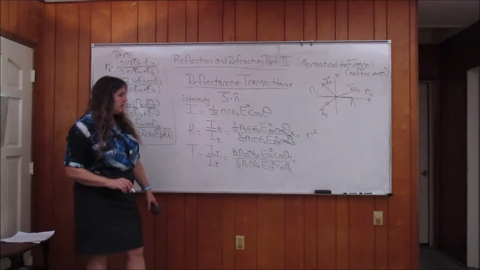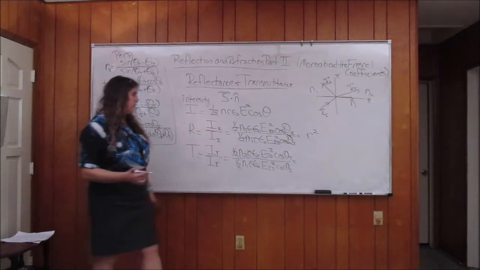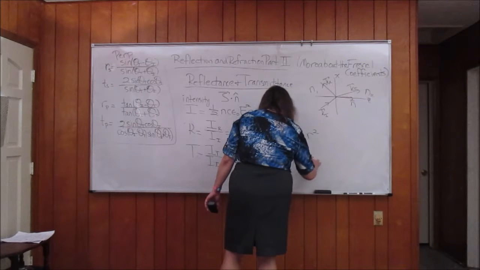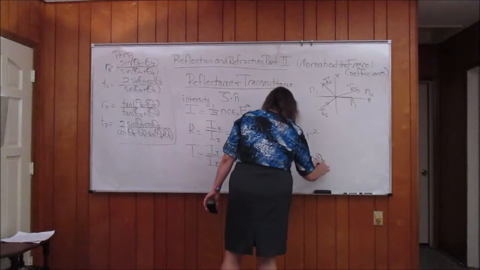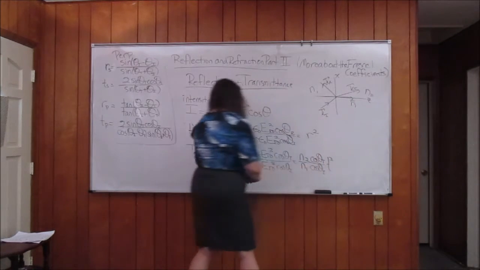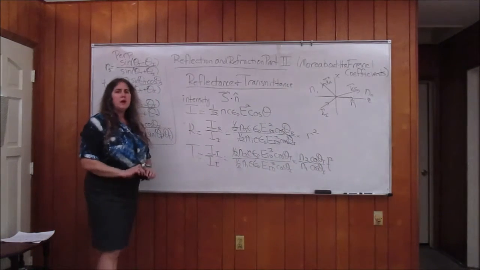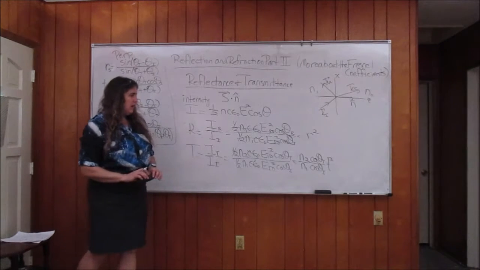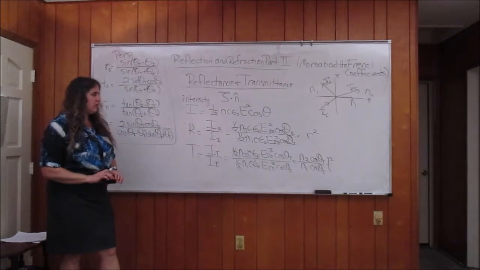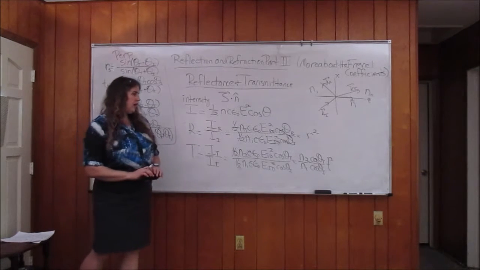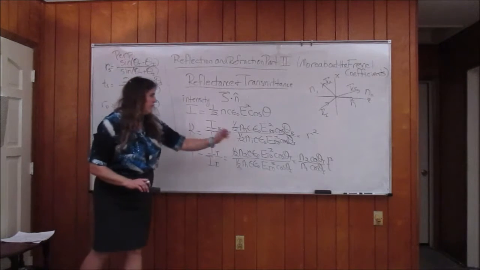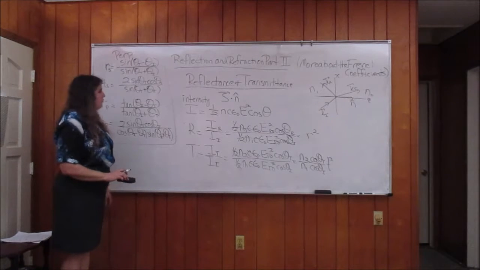Also notice that cosine theta t and cosine theta I don't cancel out. And so we're left with the transmittance equal to the ratio of the index of refraction of medium 2 to medium 1, then cosine of the angle of transmission over cosine of the angle of incidence, times the coefficient of transmission squared. So you have a couple of additional factors out in front.